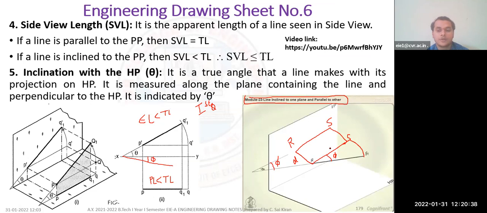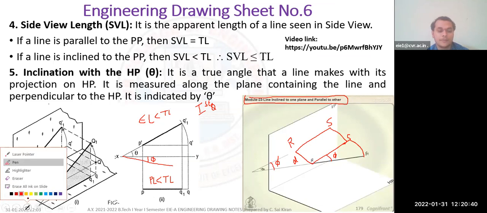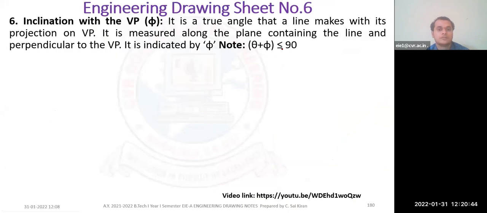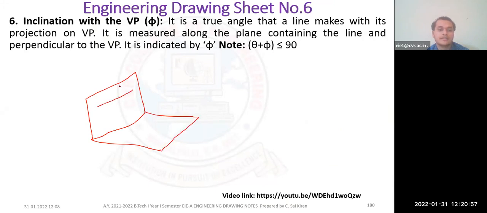I'll also show a video of inclination with respect to VP. Watch it once again. Phi is the inclination that the line makes with respect to the vertical plane. This is my vertical plane, and this horizontal line is parallel to the vertical plane.